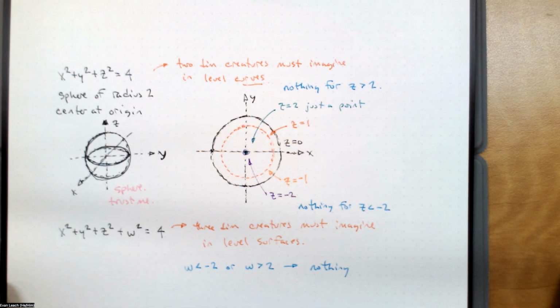So when W is plus or minus 2, we see just the point 0, 0, 0. And then as W goes from -2 up to 2, we see a sphere.